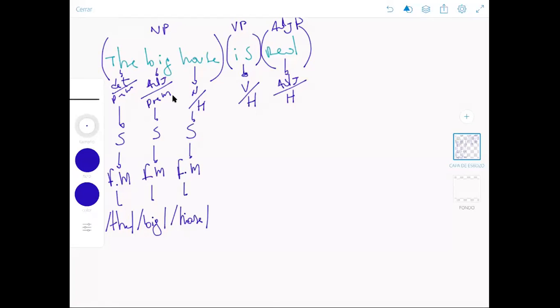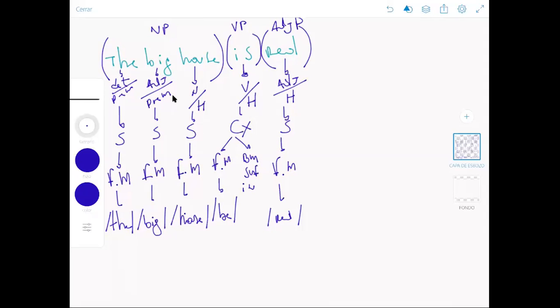Voy a decir que red es simple, está hecho de un free morpheme y que es red. Pero is, ¿cómo es? Sería uno complejo. Excelente, muy bien. Está hecho de un free morpheme que es be. Muy bien, be. Y está hecho de un bound morpheme, suffix inflectional. ¿Cuál será? Z2. Muy bien.